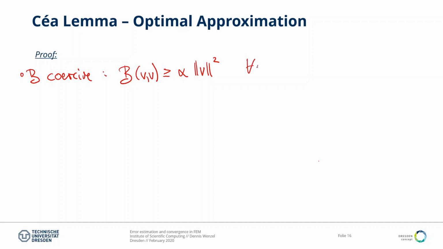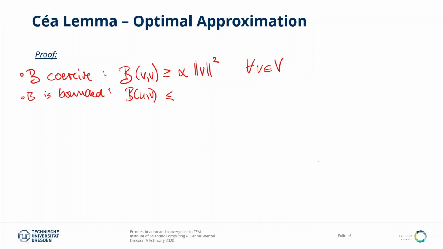And that's true for all V in our original space. Okay, and then also B is bounded. That means B of U and V, so different arguments here now, is less or equal, so the bound from above, less or equal some constant times the norm of U times the norm of V. And that's true for all U and V in the space V.